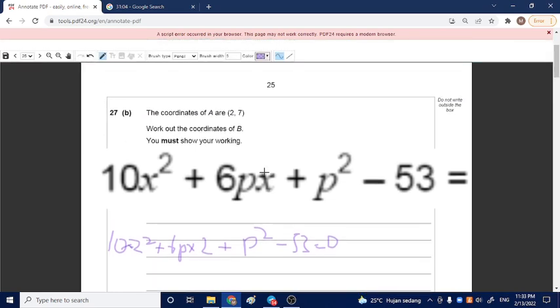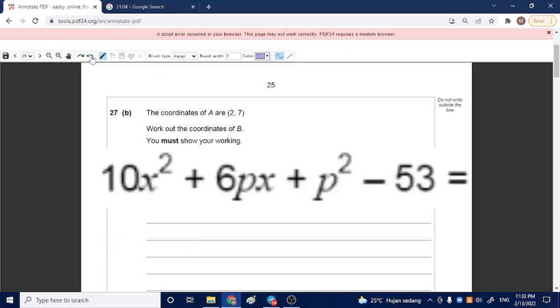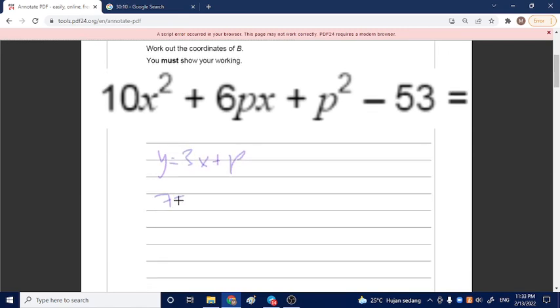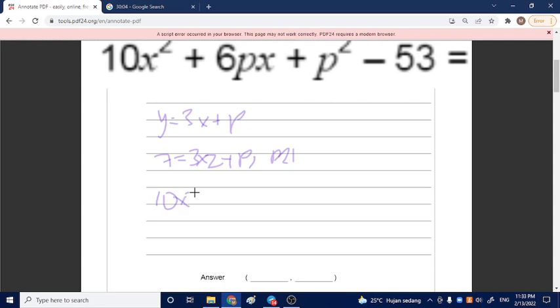Wait. Why do I need to like... Wait, I don't think I need to do that. That's so stupid. So it passes through y equals 3x plus p. So 7 is equal to 3 times 2 plus p, p equals 1. So we have 10x squared plus 6x minus 52 is 0. Can I factorize this?